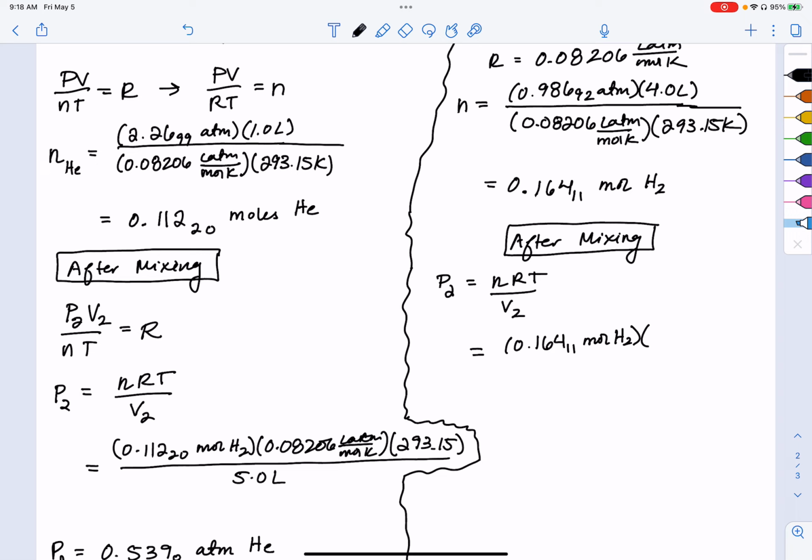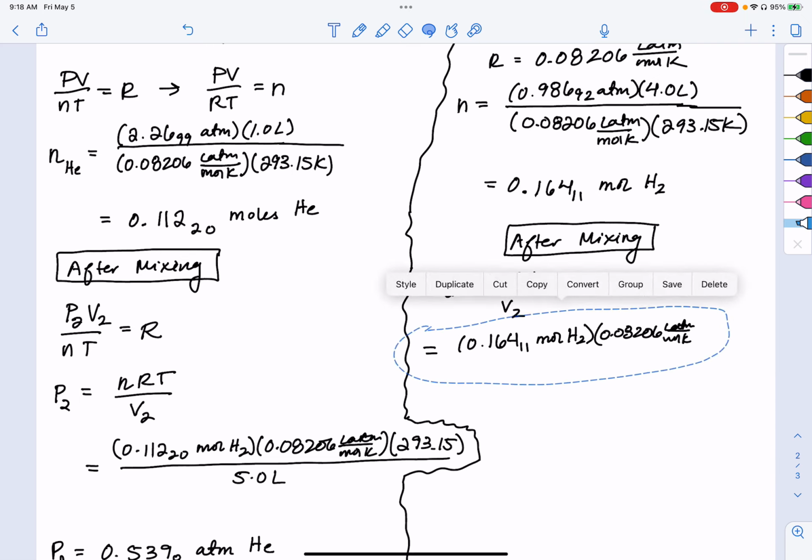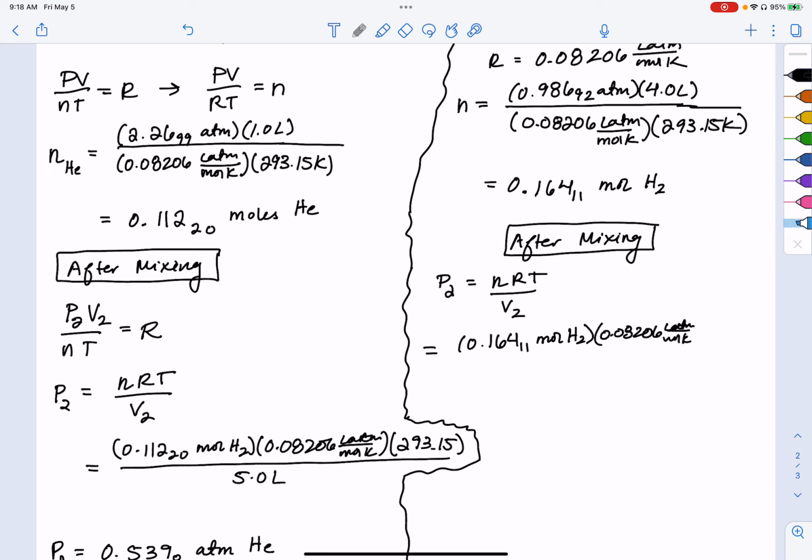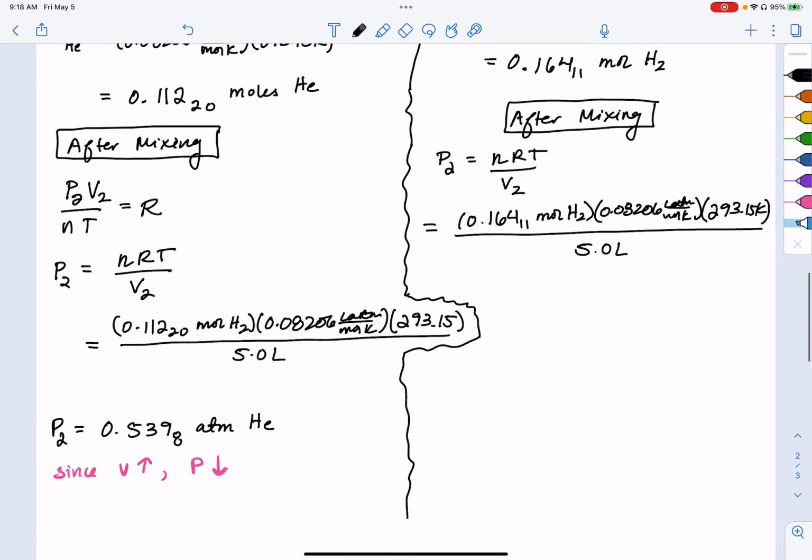All right, this is now times 0.08206 liter atmospheres per mole Kelvin. I always do this. I never give myself enough room. So I'm going to just move that over here. Okay, times T again. This is our 293.15 Kelvin. Over V2, this is that common volume of the new fully mixed system.